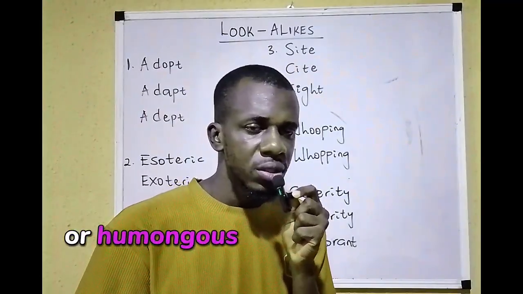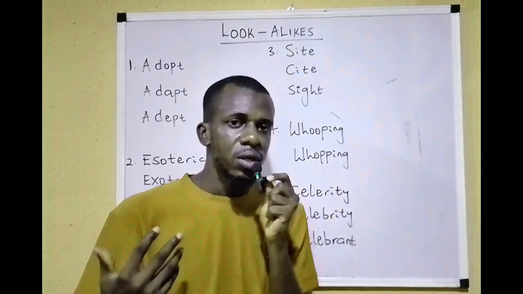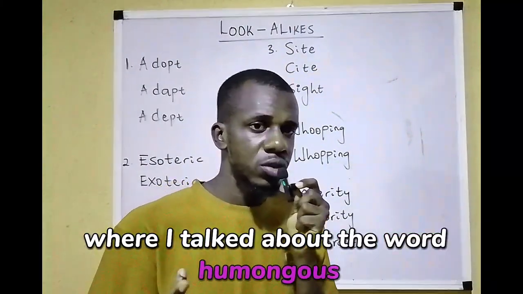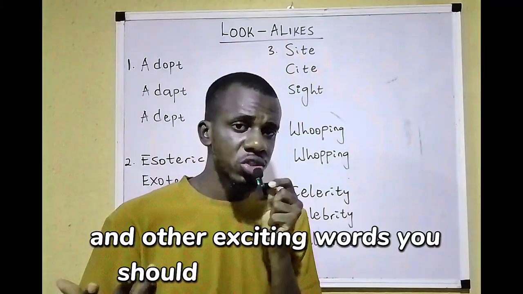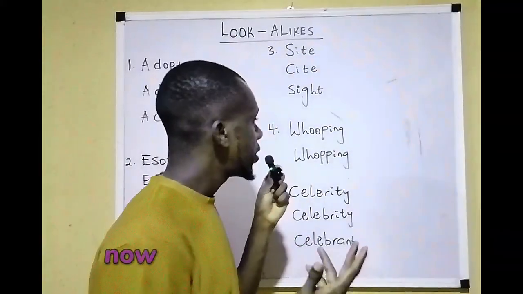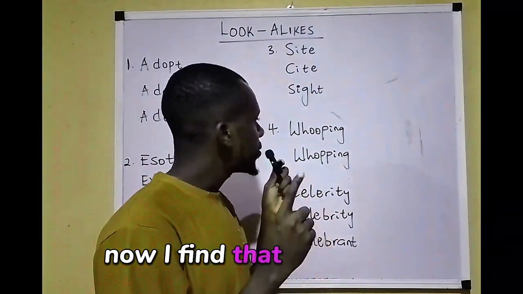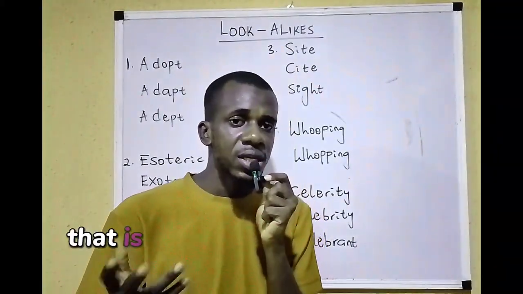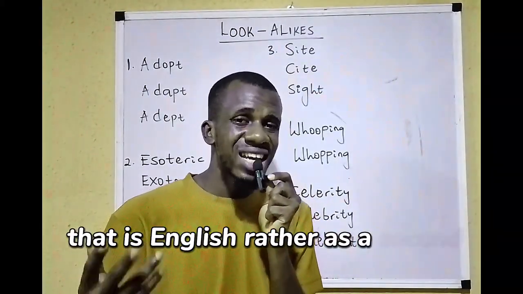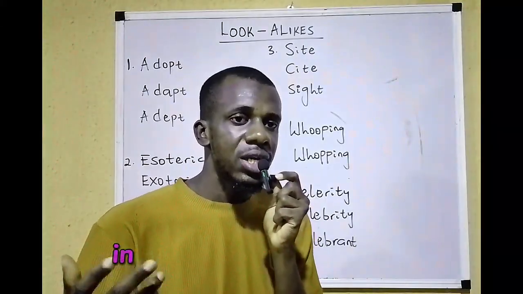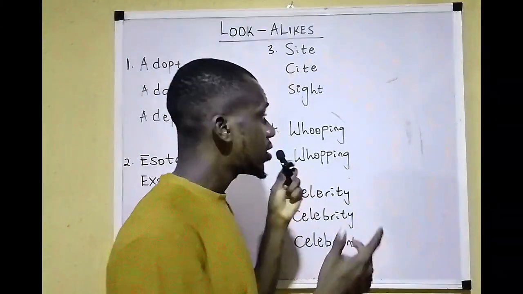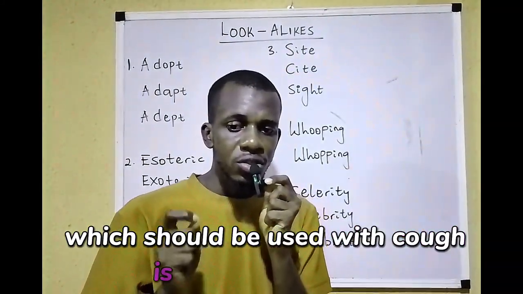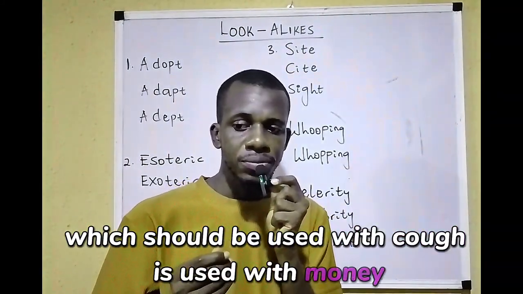You should see my video on lexis, where I talked about the word humongous and other exciting words. You should watch that. Now, I find that especially in ESL regions, that is English as a second language, in ESL regions like Nigeria, the word whooping, which should be used with cough, is used with money.